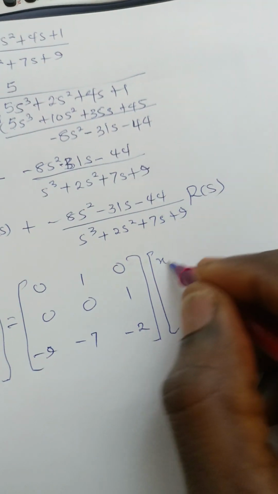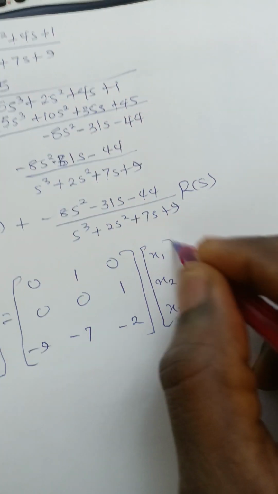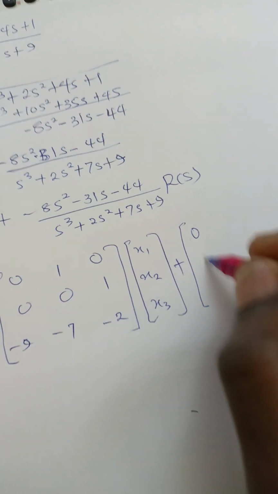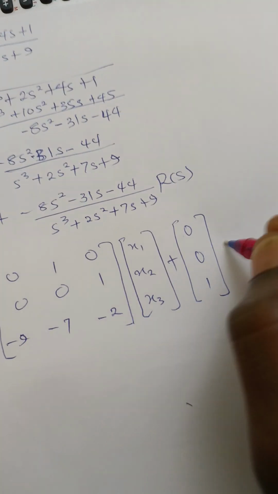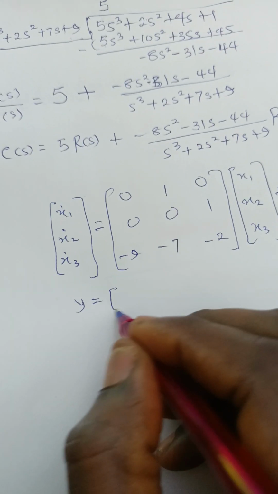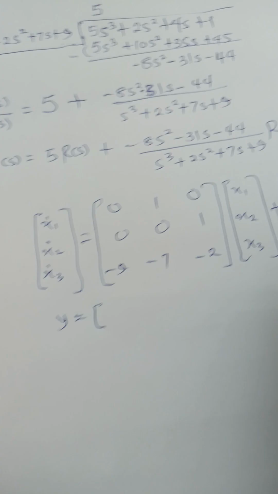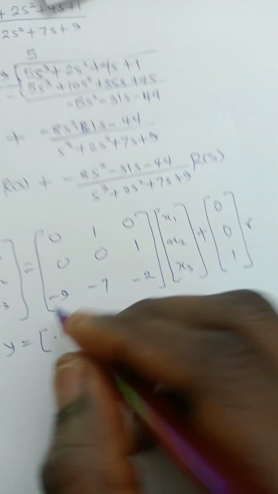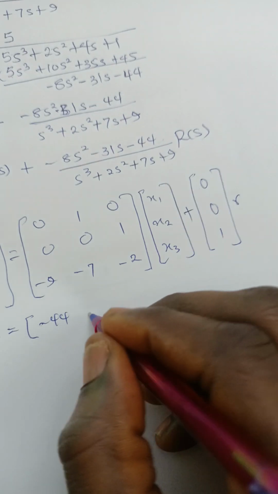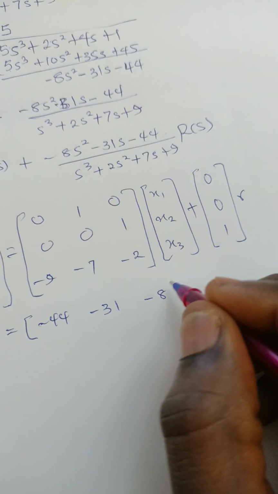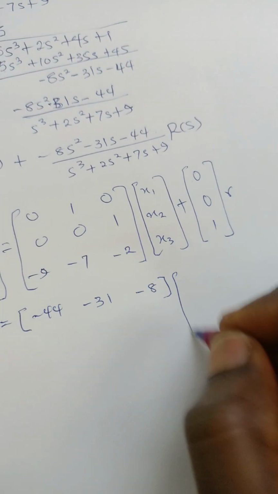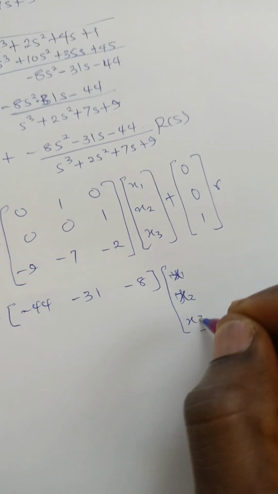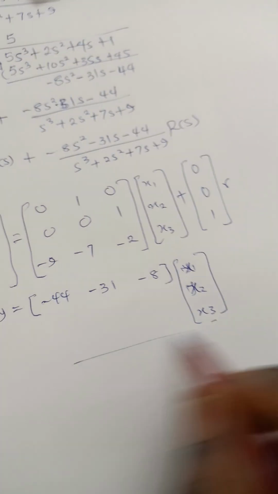So it's going to be x1 x2 x3 then plus, so our input matrix is going to be 0 0 1, right? So our output is now going to be the numerator here, which is going to be minus 44, minus 31, minus 8. So it's going to be x1 x2 x3. So this is our representation.